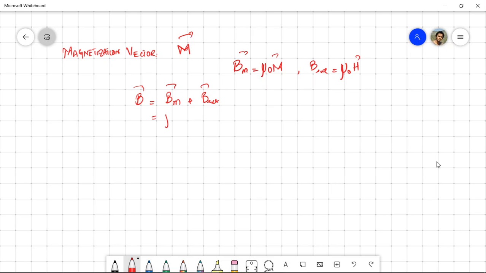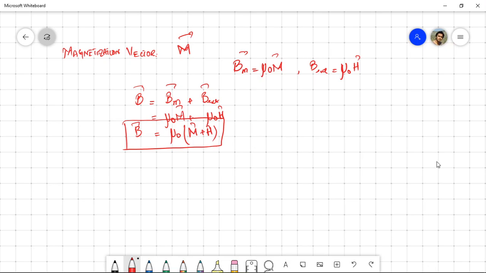B_M is mu naught M, and B external is mu naught H. If we take mu naught common, M plus H comes inside. So this is the value of B. Here M corresponds to the magnetization of the material itself, and H corresponds to the external magnetic field intensity that we applied.